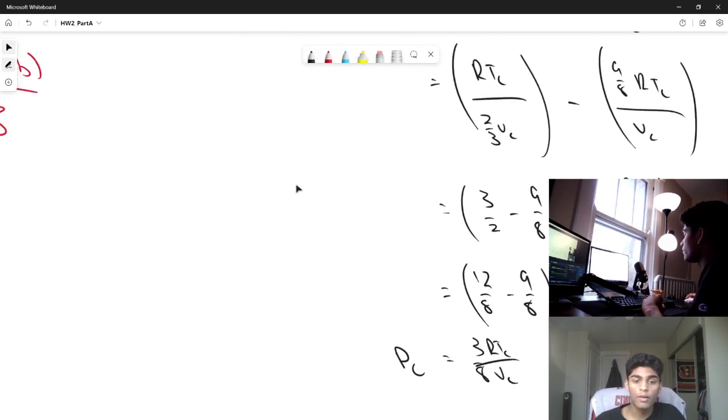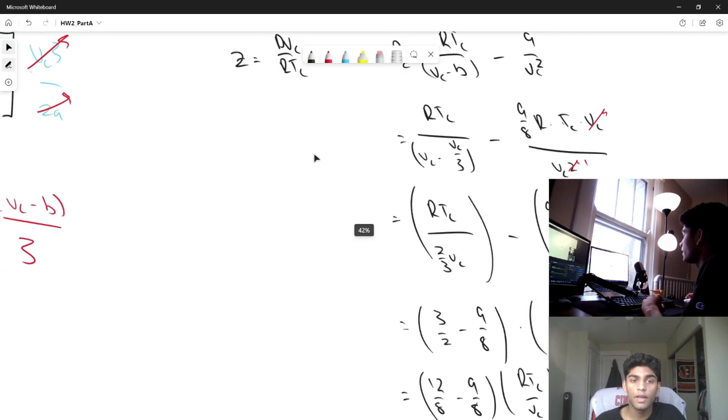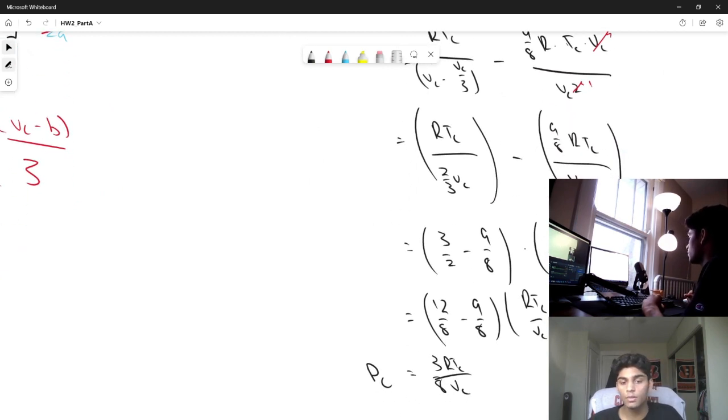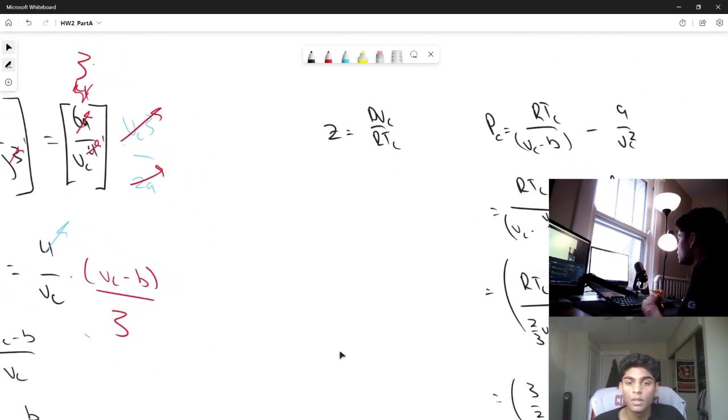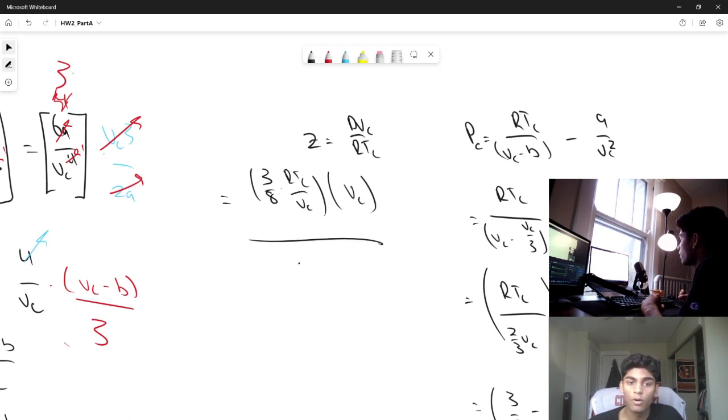So now that we have that, we can substitute that into our compressibility factor. So now Z is going to be equal to 3/8 times RTC over VC times VC over RTC.